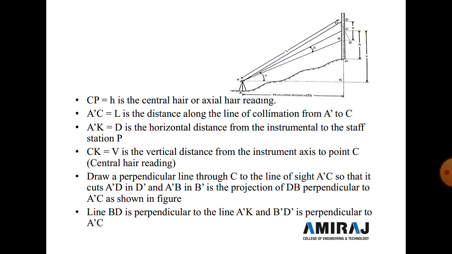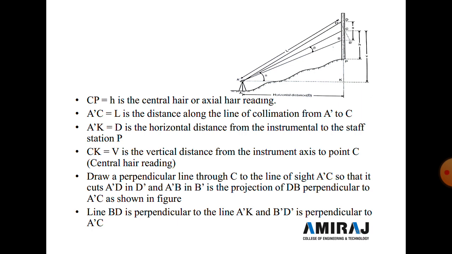See this in the figure. Now draw a perpendicular line through C to the line of sight A dash C, so that it cuts A dash D in D dash, and A dash B in B dash. This is the projection of DB perpendicular to A dash C, as shown in the figure.